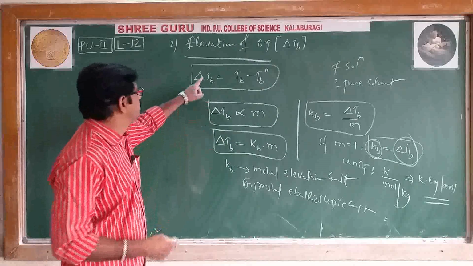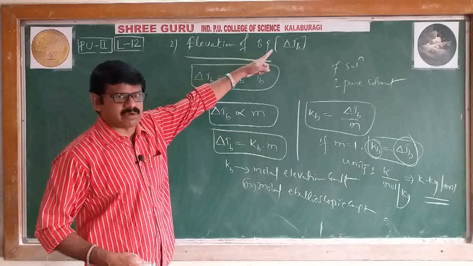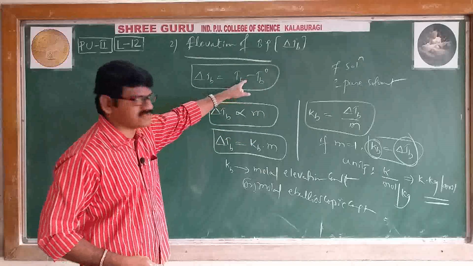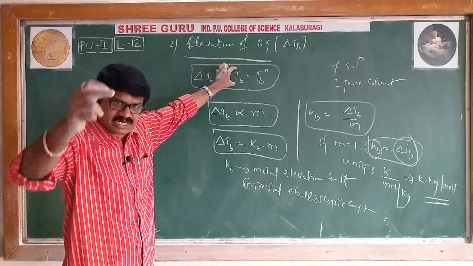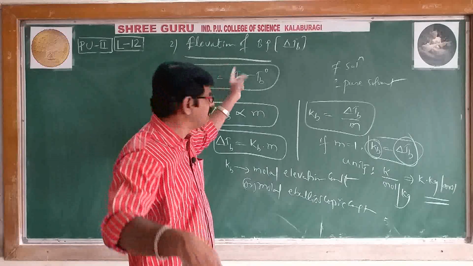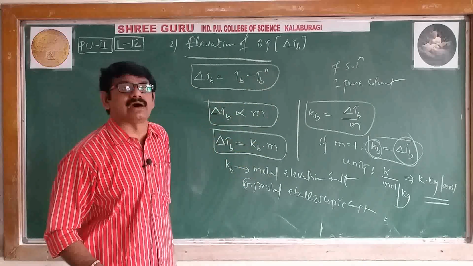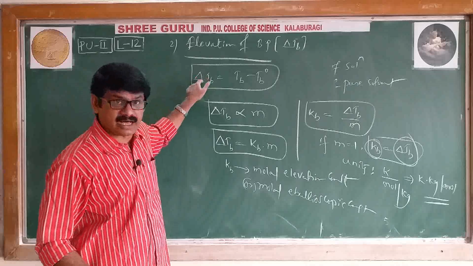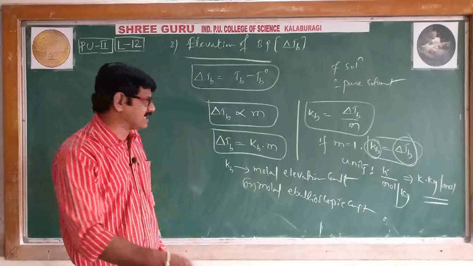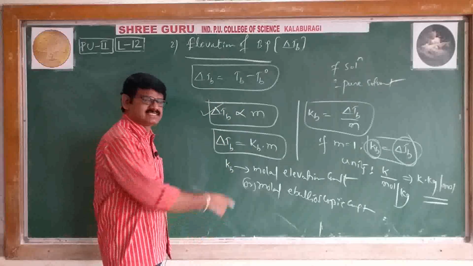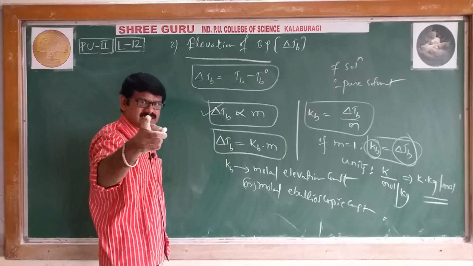But before that, once again we will see elevation in boiling point. How to define it? It means the difference between the boiling point of a solution which contains non-volatile solute and the boiling point of the pure solvent is called elevation in boiling point. Experimentally, elevation in boiling point is directly proportional to molality.